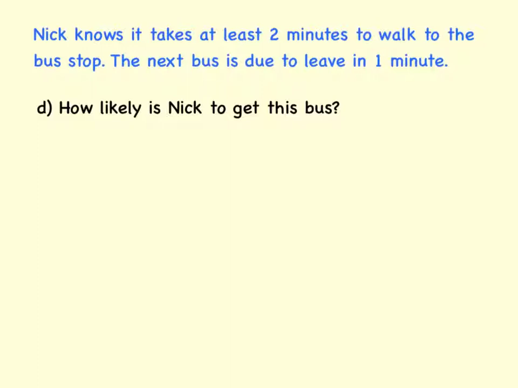Unless you say yes, he's very likely to get the bus, which he's not, you are most probably going to say something like unlikely, which is fine. You don't need to write any more than that. Or you could say, well, he may catch it if he runs. And that would be perfectly fine as well.